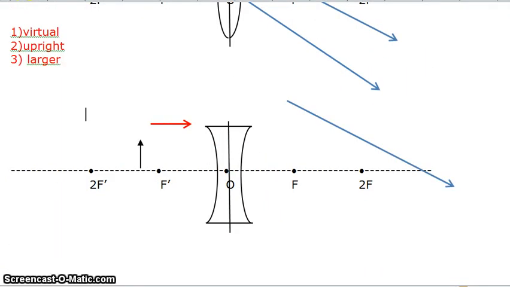Alright, now we're on our very last lens. This is a concave lens, which means it's a diverging lens. It behaves like a convex mirror. Some things are still the same, the real side versus the virtual side, but which focal point we're worried about is now going to be switched, and I'll show you what I mean.